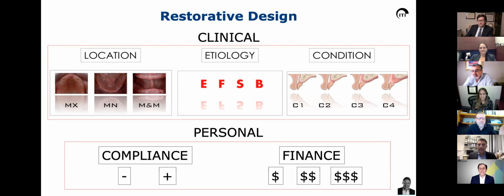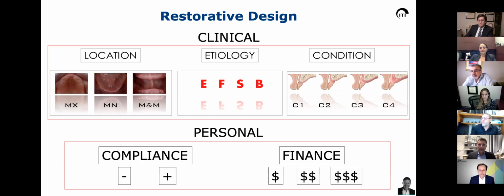And I will go into this momentarily, but the bottom line is we look at these 3 clinical parameters, but we also have to consider some personal items from the patient's end. This has to do with their behavior, their level of compliance, and of course, their financial capabilities.